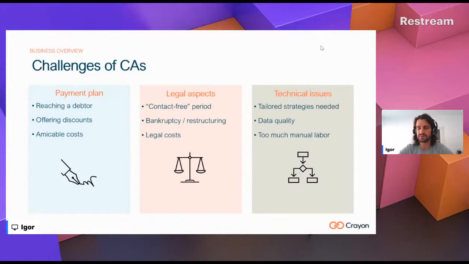There are people, strategists, who come up with different ways of dealing with the customers to get more repayments. These are the areas of the main challenges where we see a lot of advantages or possibilities, let's say, for a data science approach.